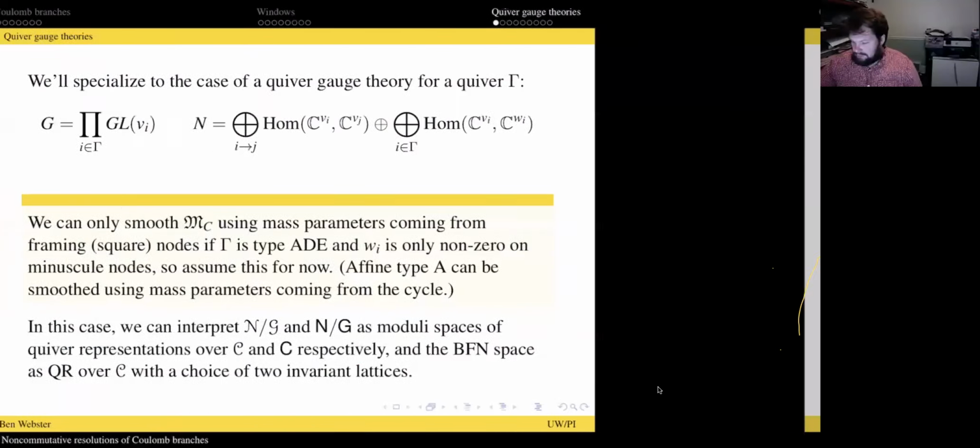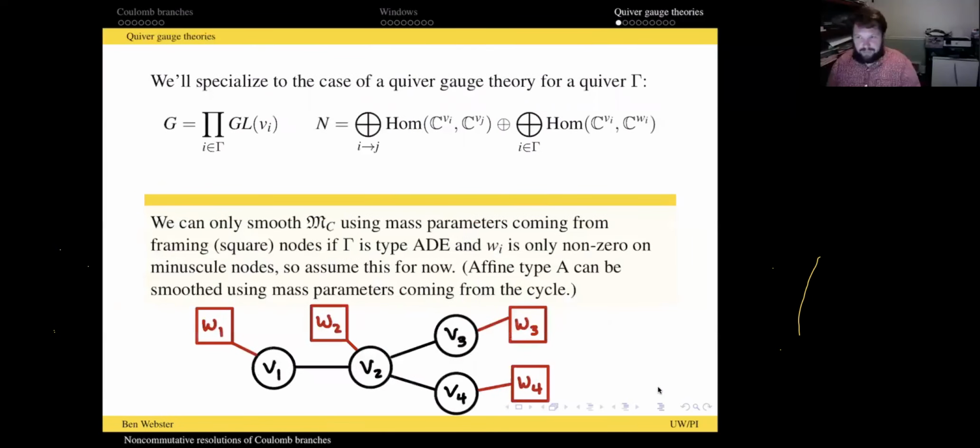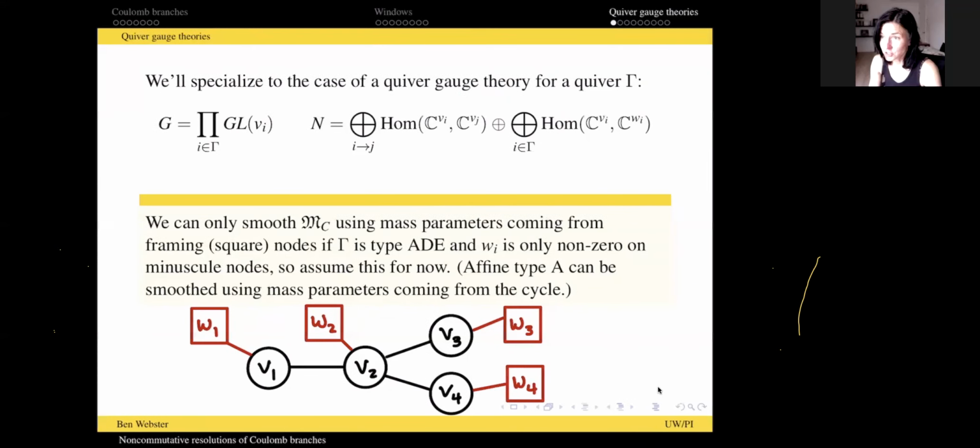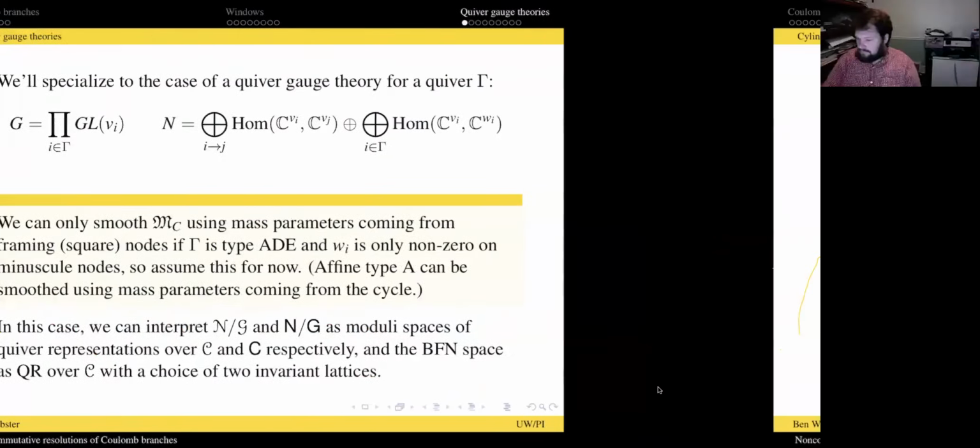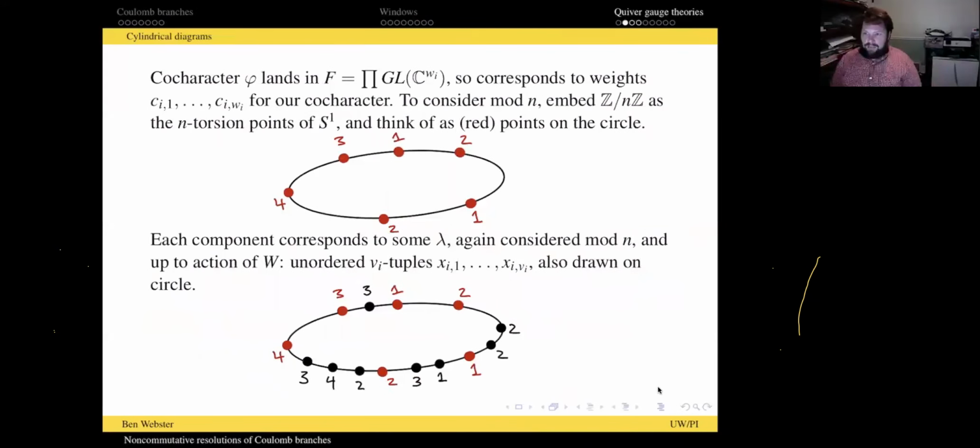Sure. Right. Sorry, this was just to kind of represent. Okay, so it's the minuscule condition. Fine. If you look at affine type D, there isn't some extra flavor parameter that you get like you do in affine type A. So, that's just how it goes.